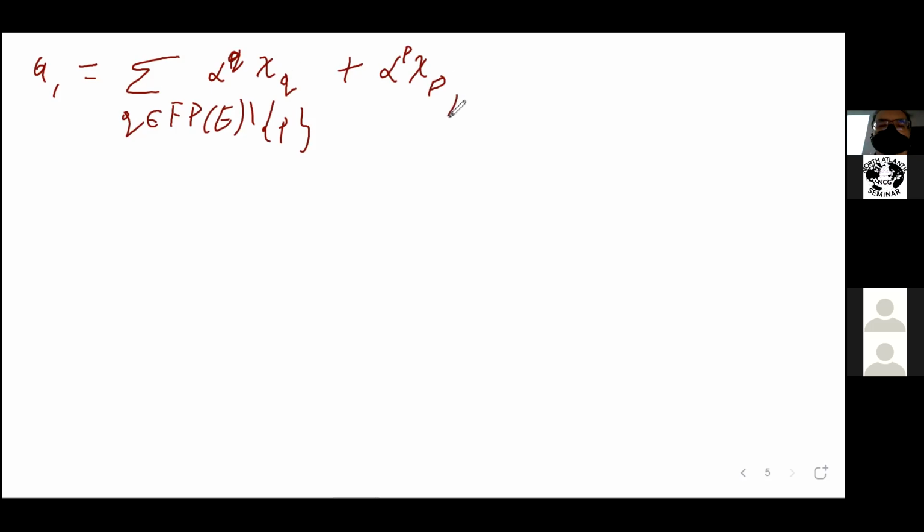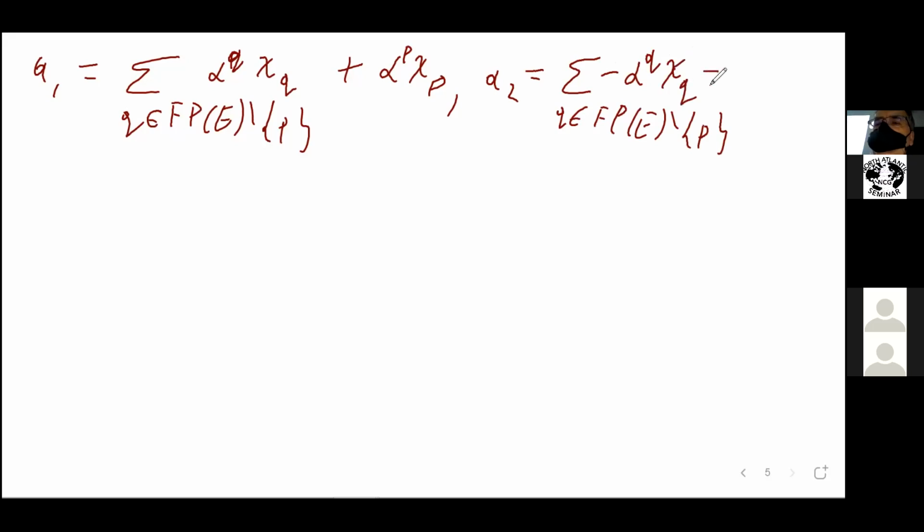But now in order to have equality chi p equals a1 plus a2, I know my coefficients for a2. I know that I have to write it down as the same kind of a sum over q's different from p, and here I have minus alpha q, chi q. And here I have plus 1 minus alpha p, chi p. Right? I think this is clear.